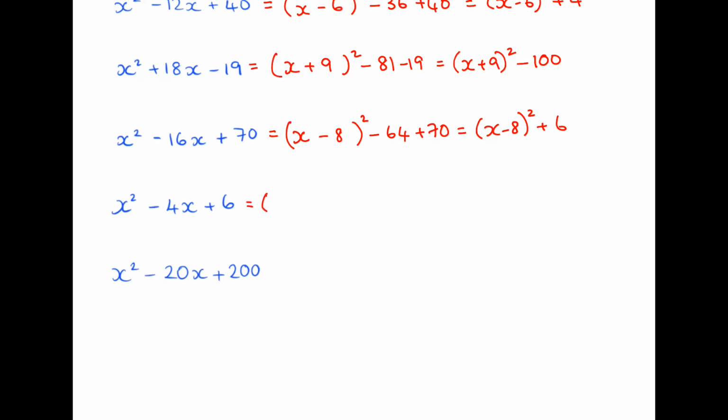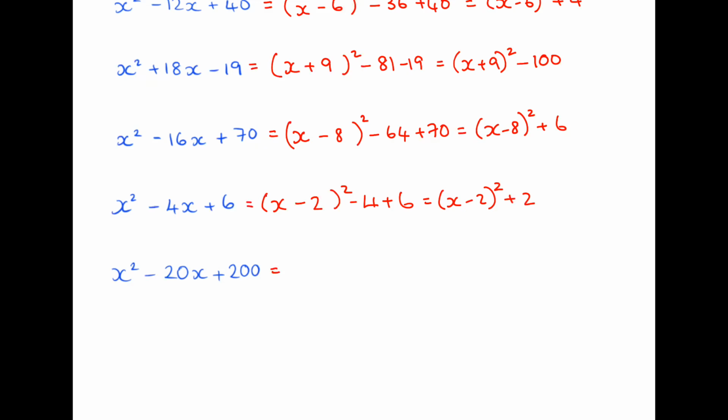Next one. We're just rattling through these because it's the same process every time, and I just want you to practice. Squared bracket, x at the beginning, half of this number in the bracket, take off that number squared, and then you've still got the other number. So you've got (x minus 2) squared plus 2.